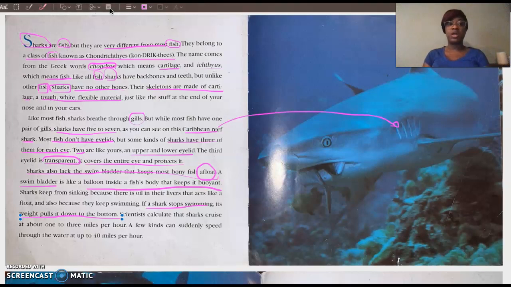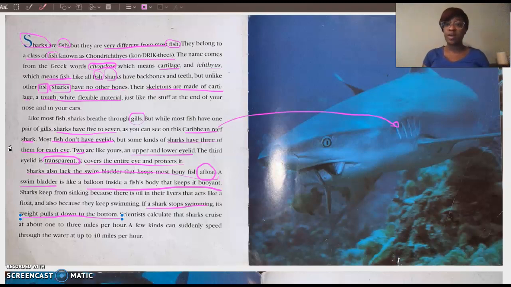Wow, so we've learned a lot of information here. We've learned why a shark is called a fish, right? Where the name comes from. We've learned that sharks have no bones, but their skeletons are made of cartilage, right? We've also learned how many gills sharks have and how that helps them to breathe underwater. In addition, we learned that sharks don't have a swim bladder.